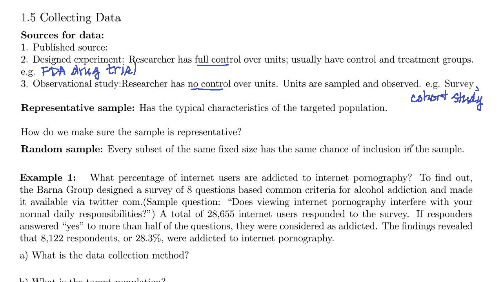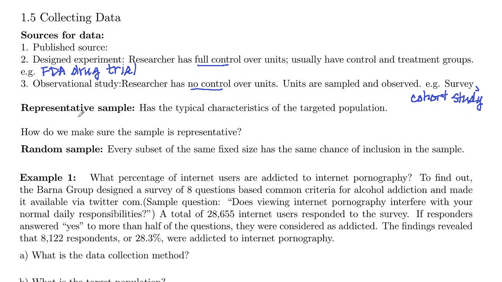The largest cohort study is what's called the Framingham Heart Study, and that is actually the observational study that we've gotten a lot of the recommendations for heart health from, like avoiding saturated fats, avoiding hydrogenated fats, things like that, watching your blood pressure. All of that has come out of an observational study.